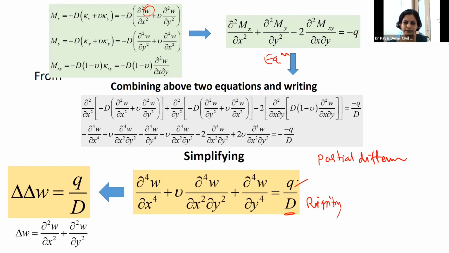It has a loading. The single biharmonic equation, fourth order, in terms of single displacement of the plate. Single displacement of the plate, that is in vertical direction, because it's the bending. This is my plate, it bends, and this W is the deflection of the plate.